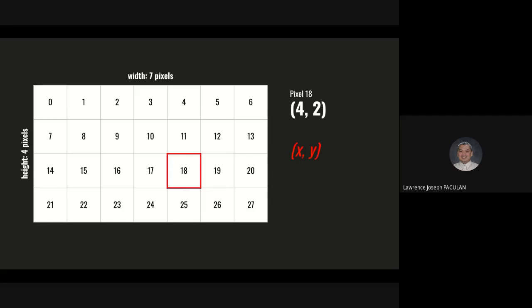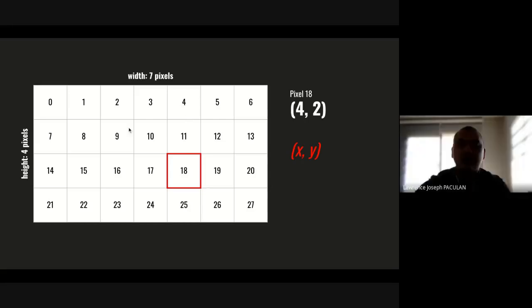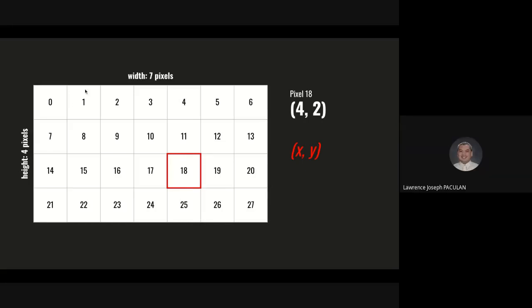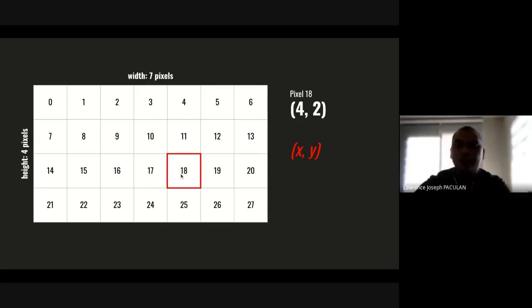Looking at this as a table again, we find that this is 0, 1, 2, 3, 4. This is column 4, but remember, we started at 0. And this is 0, 1, 2. This is called row 2. Therefore, the coordinates are 4, 2.